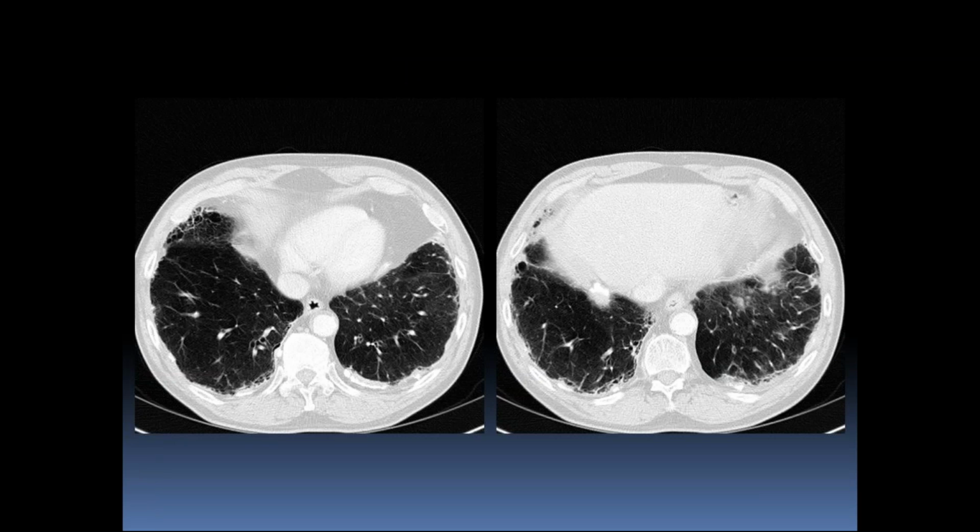You have some subtle honeycombing, some subtle reticular findings, and you don't really have much traction bronchiectasis. This doesn't occur as much as in the other entities like I had in the differential for UIP and stuff like that. So this is going to be much more of a pleural-based problem.